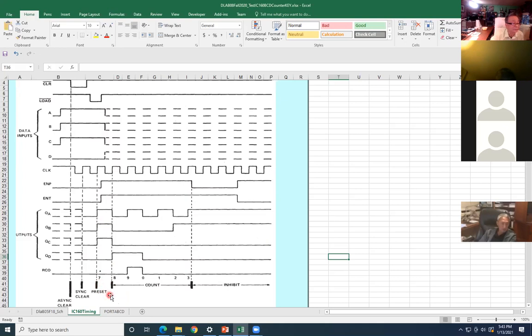Mr. Pham, just real quickly before you go, on the ENP and the ENT for load and clear, they're both low, but what does ENP and ENT actually do? Basically, that will be enable for counting. If you want to counting, that has to be 1.